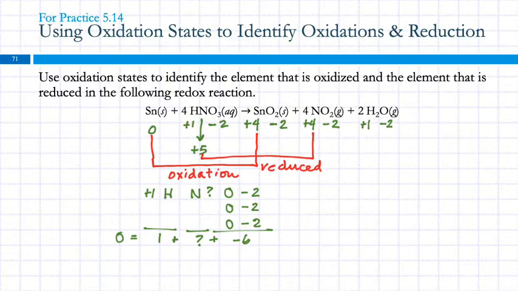Any questions? If something is oxidized, it's losing electrons. There has to be something that's reduced to gain those electrons. It's possible to have multiple things being oxidized and or multiple things being reduced, but that doesn't happen very often in Chem 1A.